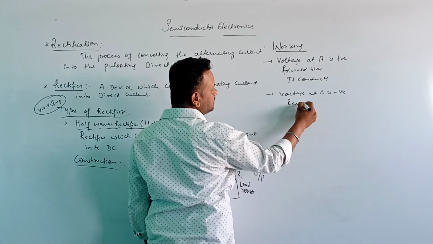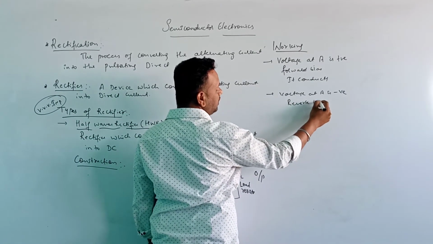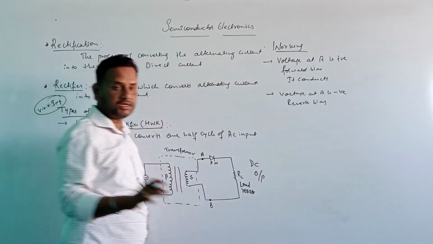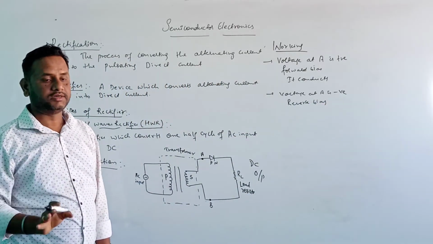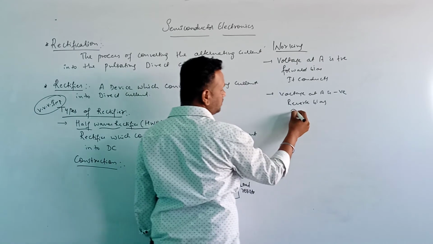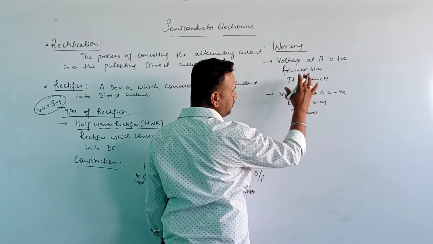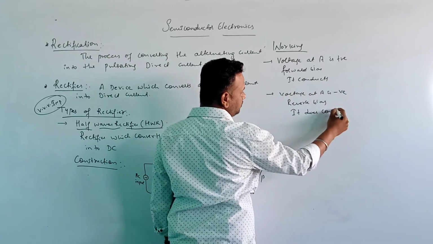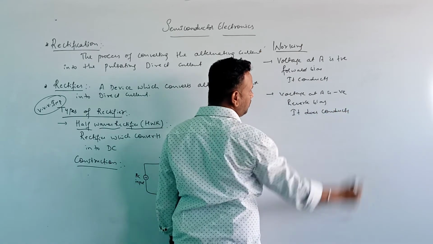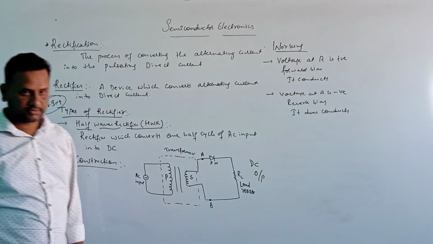Reverse bias. It is reverse bias. And in reverse bias, it does not conduct. First of all, you remember these points. Okay, and I'll explain how it conducts and how it does not conduct.